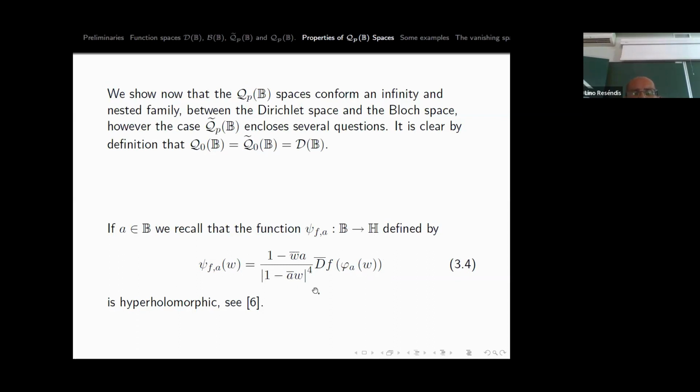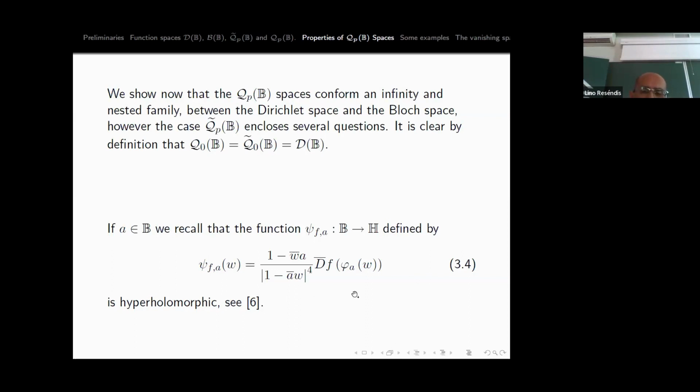But this function is hyperholomorphic. The proof is not straightforward, it takes a little bit of work, but it's a very well-known result. I should say that in general, first of all, the Möbius transformation is not a hyperholomorphic function.